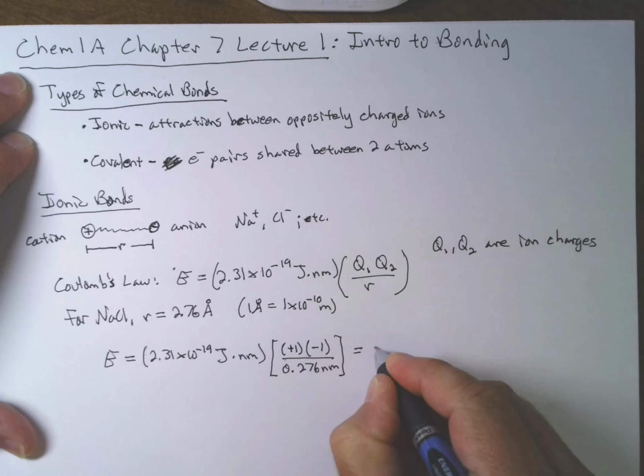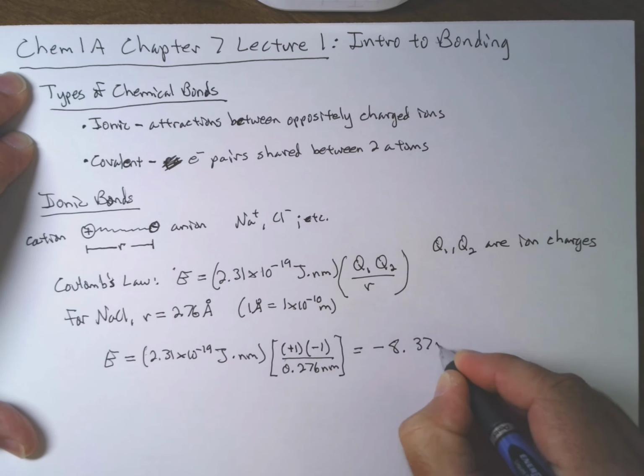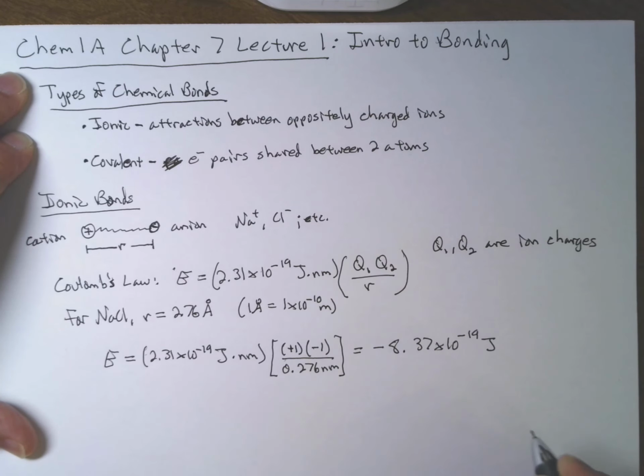And this equals -8.37 times 10^-19 joules. My nanometers are going to cancel here.